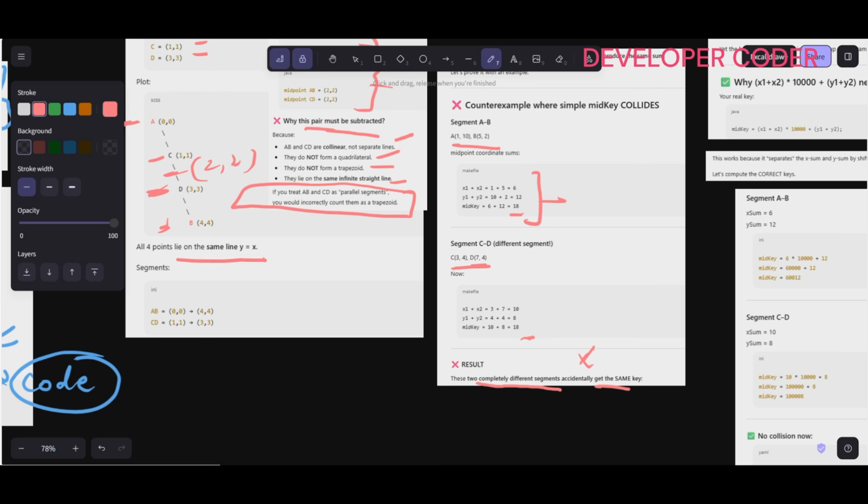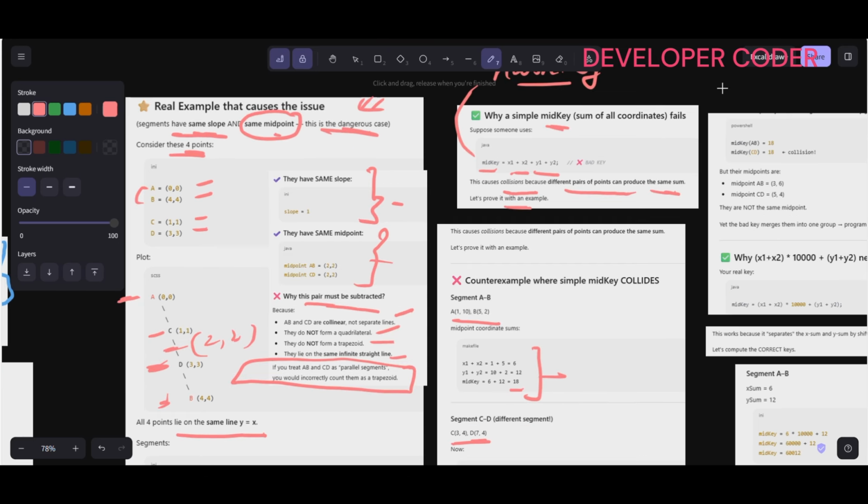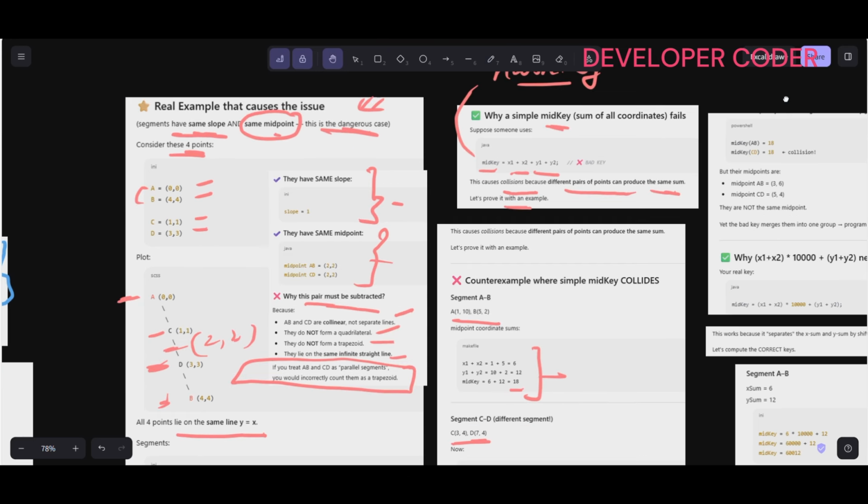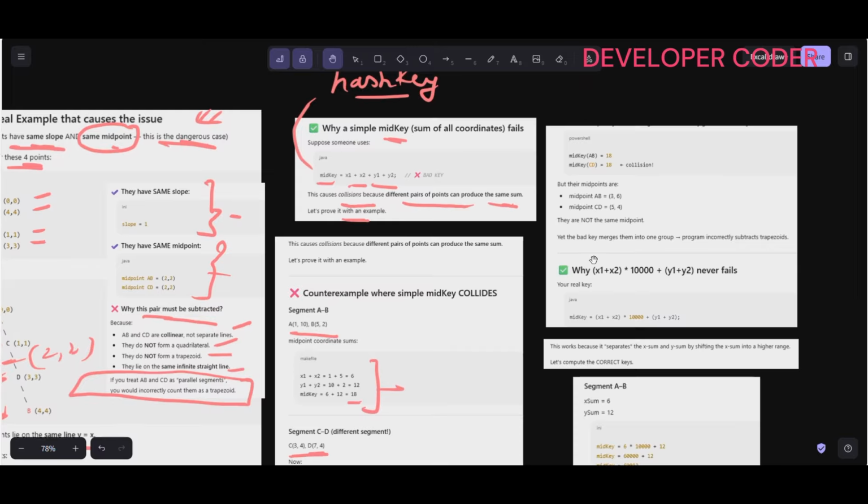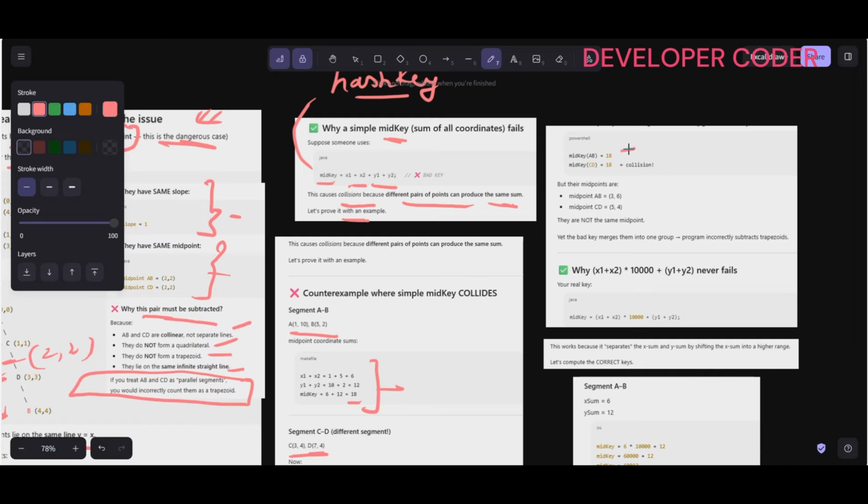So in order to avoid this same key, I'm going to use this thing in my code. I'm going to calculate the mid key of A, B, and C, D. Here, if you see 18, 18, it is going to cause the collision. But if you calculate the midpoints of these two, 1 plus 5 divided by 2, 10 plus 2 divided by 2, that is nothing but 3 comma 6, for AB.